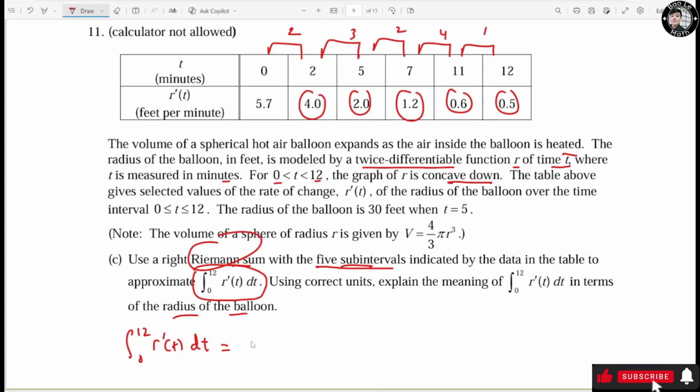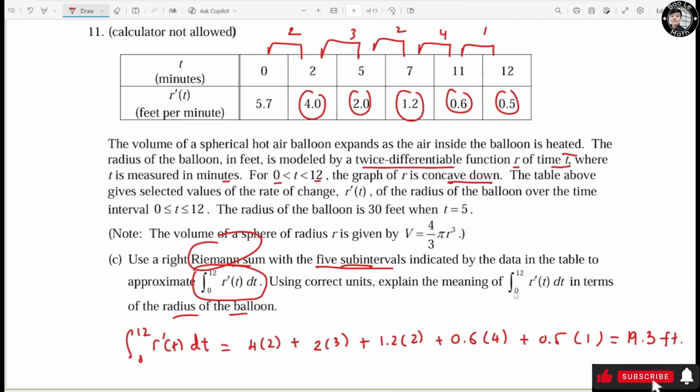So you have 4 times 2 plus 2 times 3 plus 1.2 times 2 plus 0.6 times 4 plus 0.5 times 1, and it's going to be 19.3 feet.